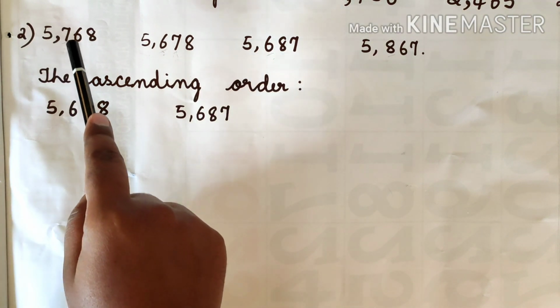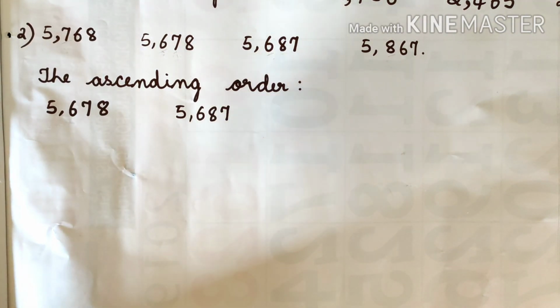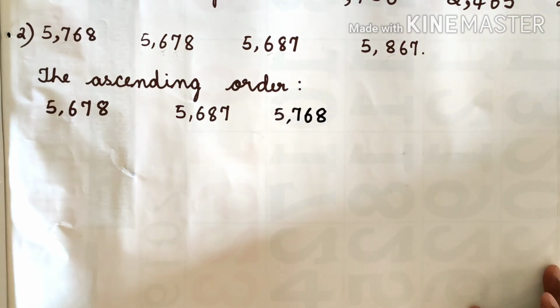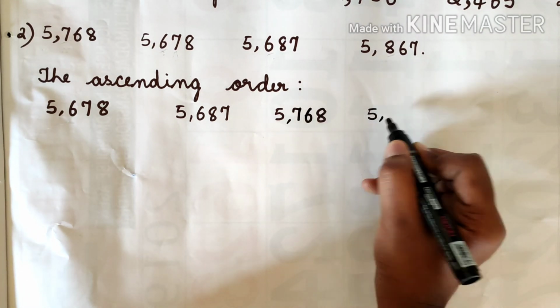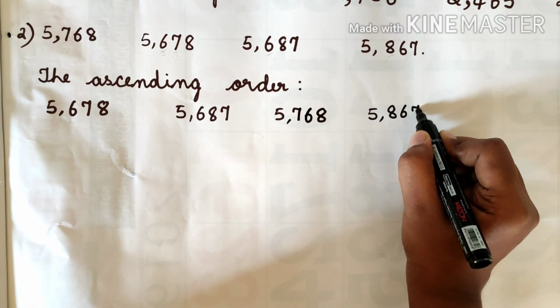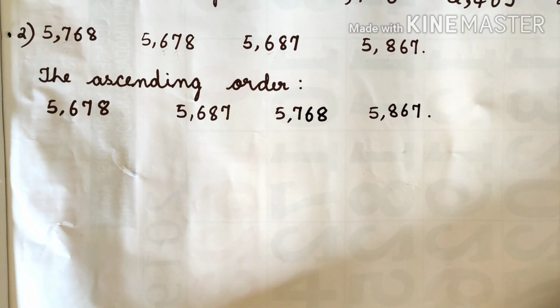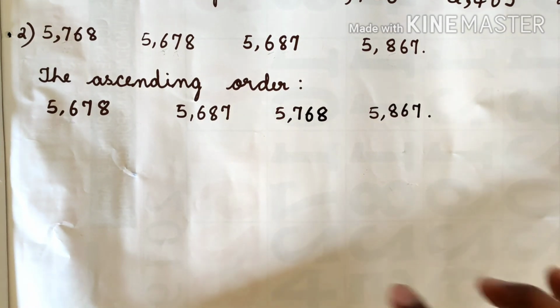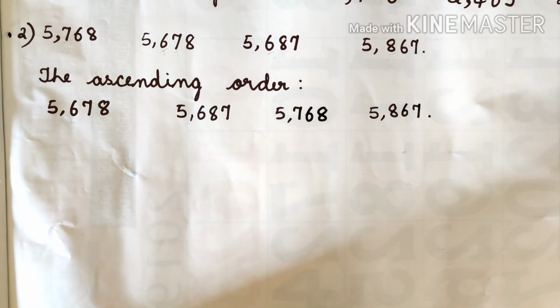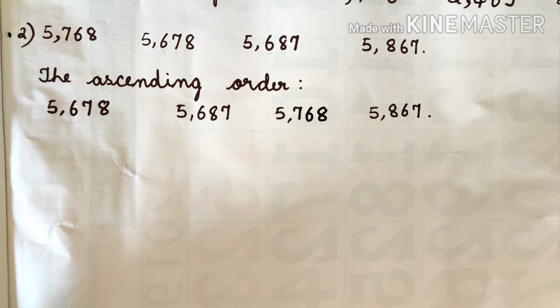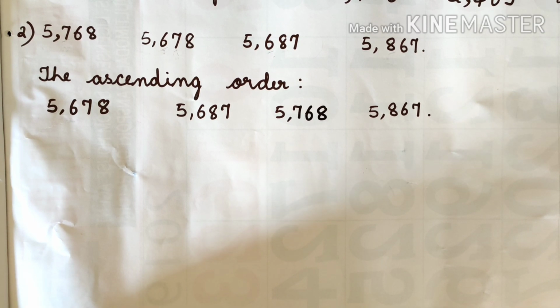So we need to write this number next. Let us write 5768 and at the end we have to write the next number 5867. So the ascending order of the given numbers is 5678, 5687, 5768 and 5867. Let us go to the third question.